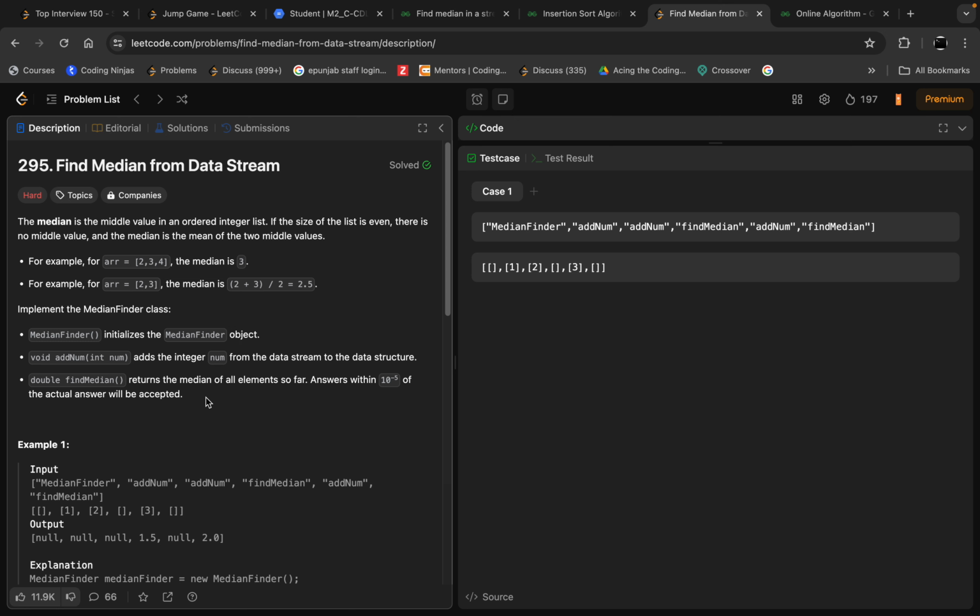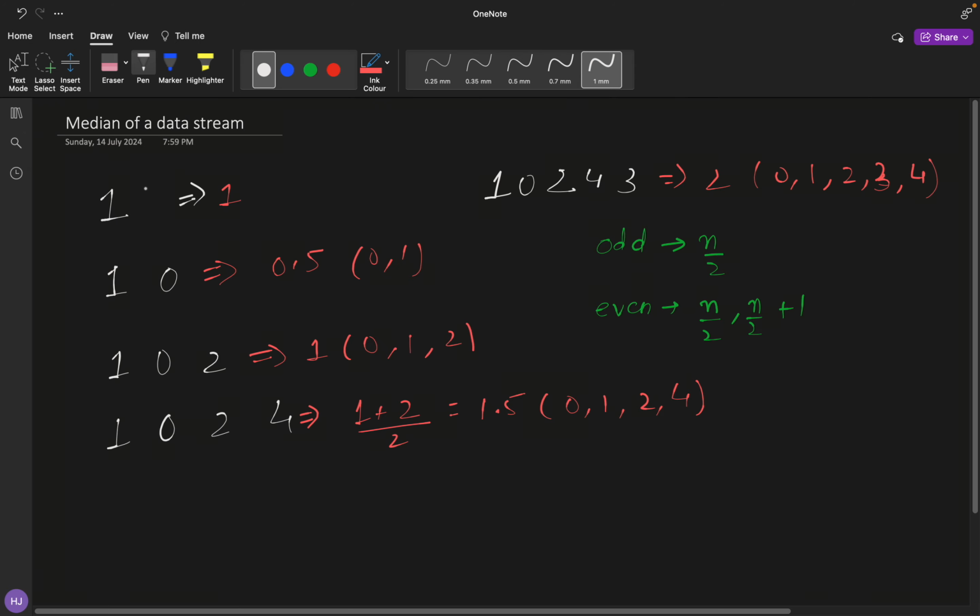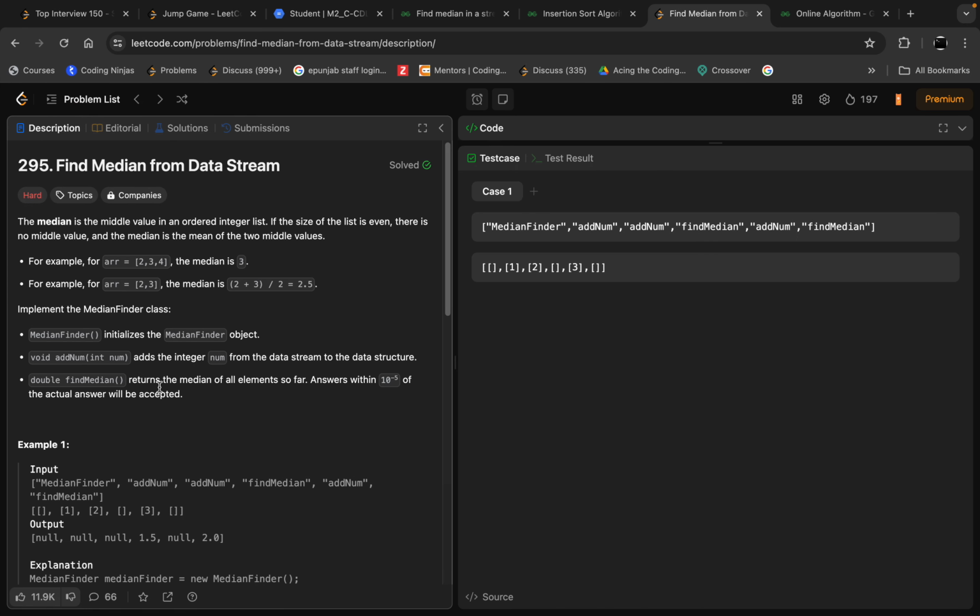So we have to implement the MedianFinder class, where MedianFinder initializes the median object, and void addNum adds an integer to the data stream, as I have been adding an integer at every step.